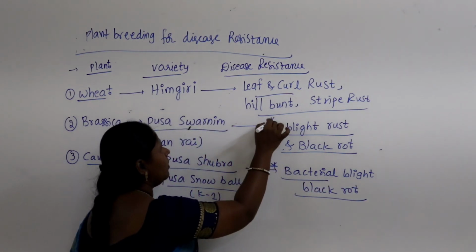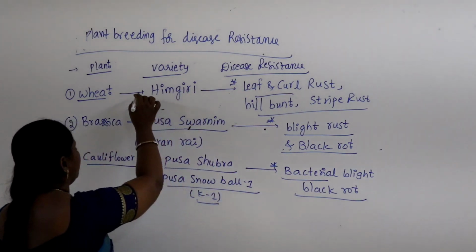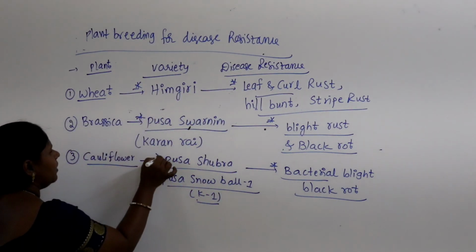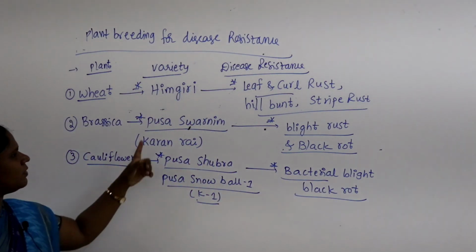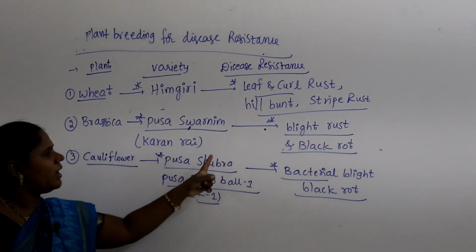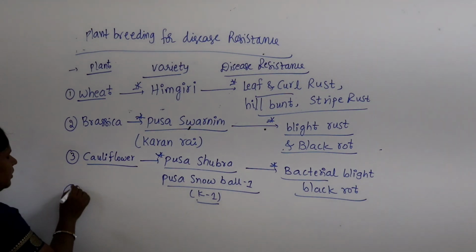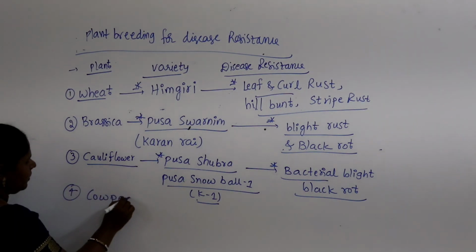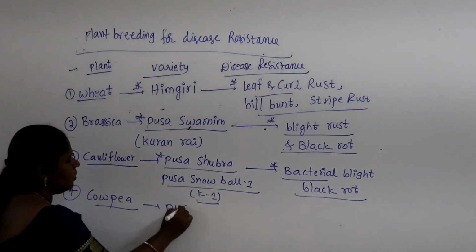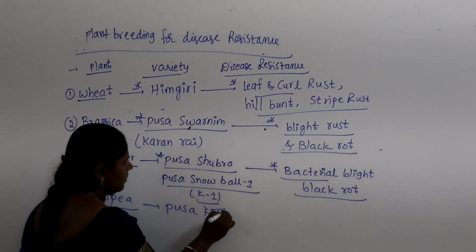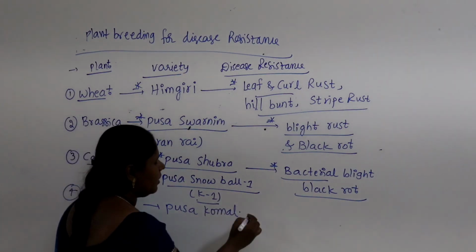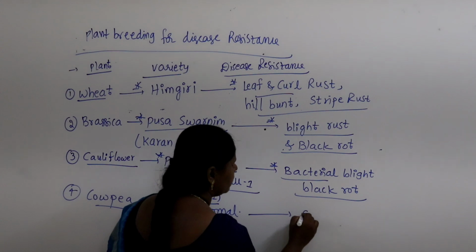Mostly you have to remember bacterial blight. Wherever I give star marks, they are very important. So you have to remember the variety that is created and what it shows resistance to. Similarly, you can also talk about cowpea. The variety that is created is called Pusa Komal, and this shows resistance to bacterial blight.